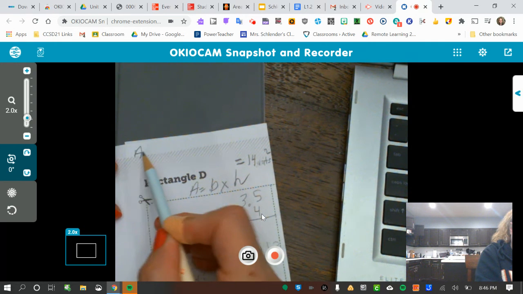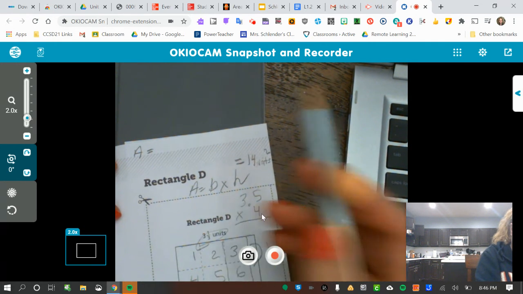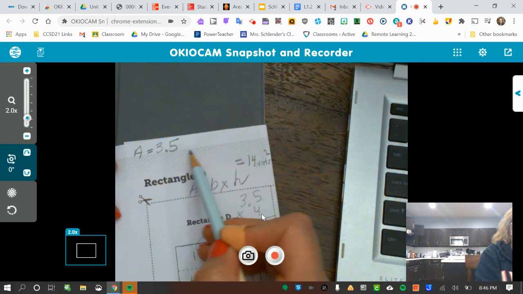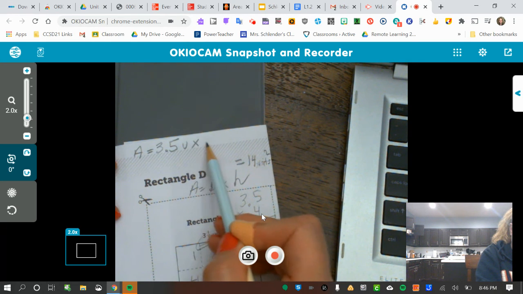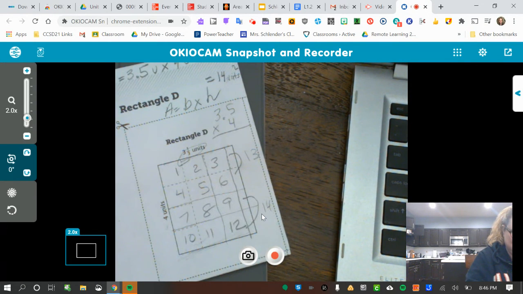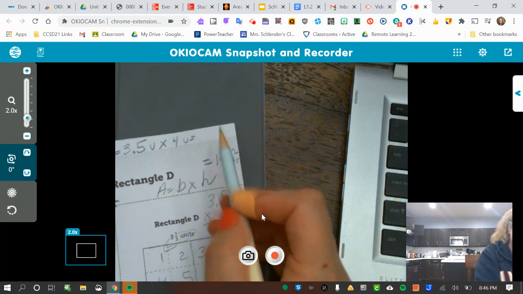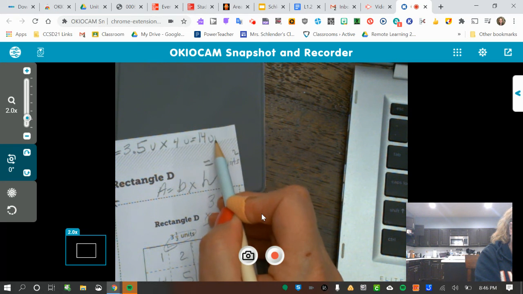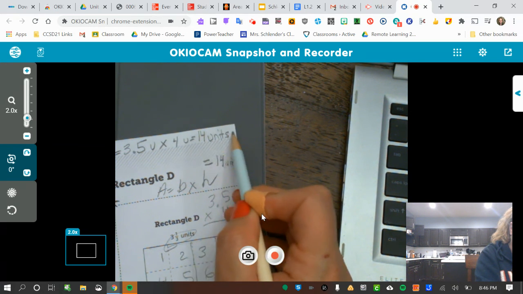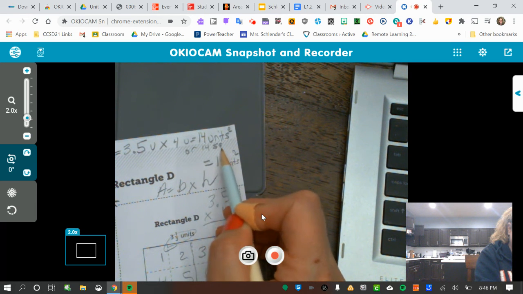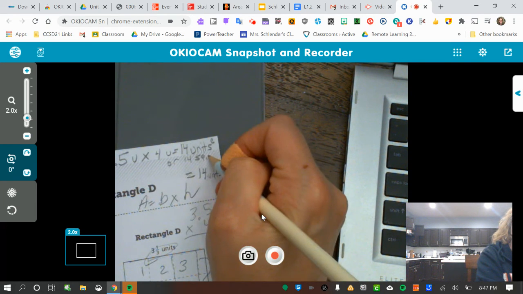So the area, A stands for area, obviously, 3.5 units times 4 units equals how many total? 14. You could say units squared or 14 square units.